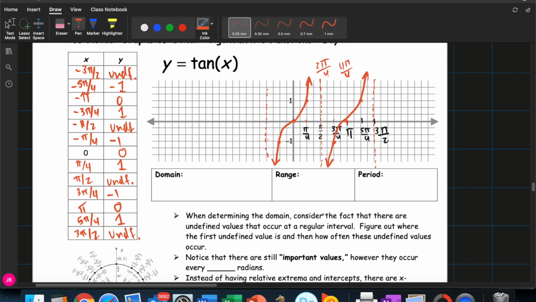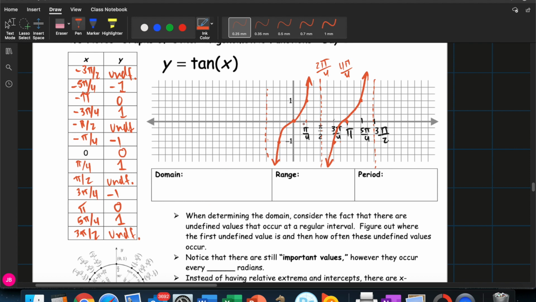But let's talk a little bit about its domain, its range, and its period. Let's start with the easiest one, its period. How long does it take to complete a full cycle? So just like sine and cosine, tangent repeats and it follows a pattern. So how long does it take for the pattern to start over?